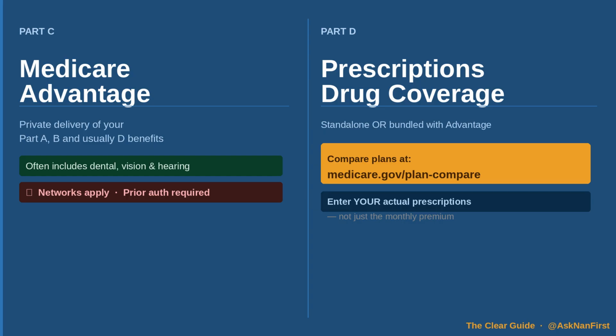These plans often include extras like dental, vision, and hearing. Some have zero premiums. They sound very appealing, and they can be, but they come with networks. They come with prior authorizations for care, and they come with rules that original Medicare, that is Part A and Part B, don't have.